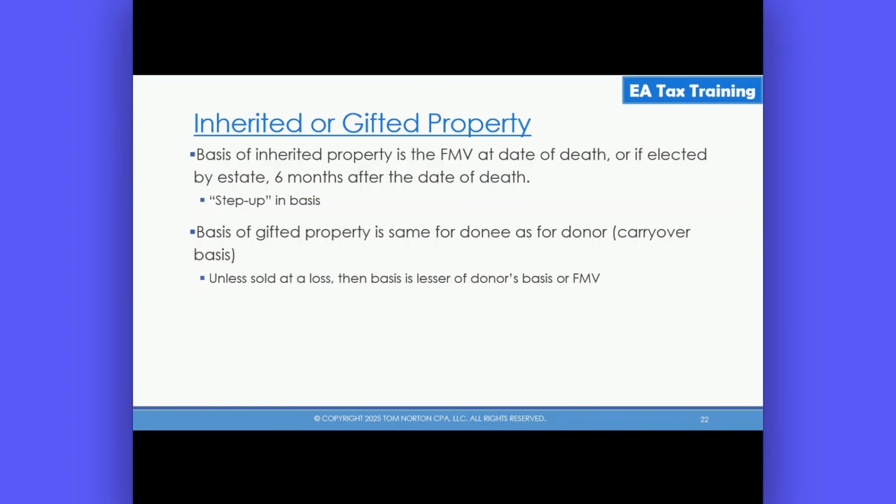So maybe this is an old car that someone is going to give to someone else. Let's say a parent bought the car for $20,000 and now it's worth $5,000 and they are giving it to their child. And then the child turns around and sells the car. Well, the child's basis in that car is not $20,000. It is only $5,000. So that's what that rule is for.